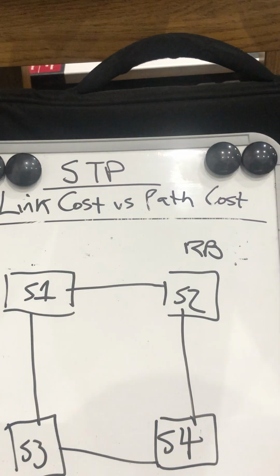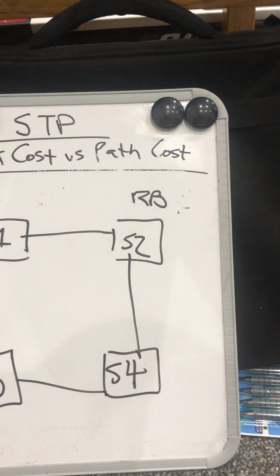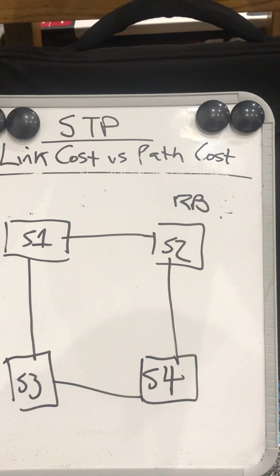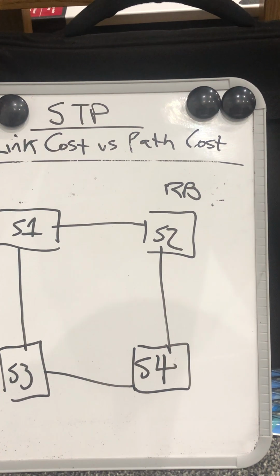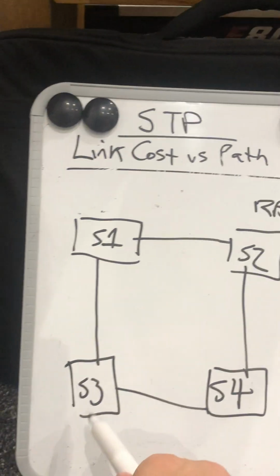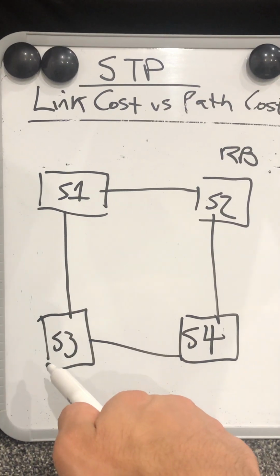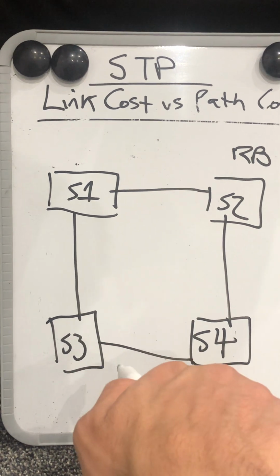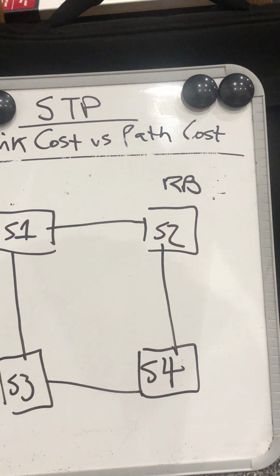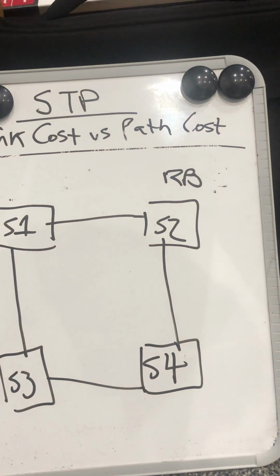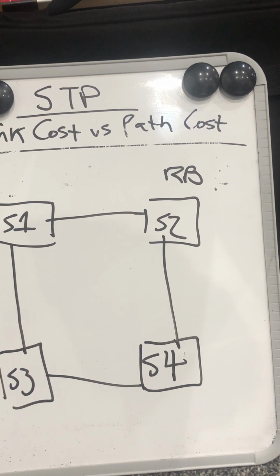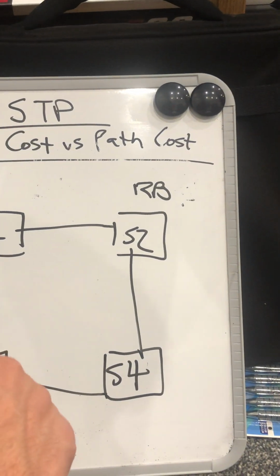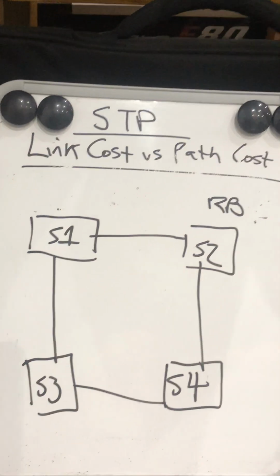Now, when it comes to finding out the root port for, let's say, switch 3, it can either be this way, or this one, or this one. How do we define what the root port is? Firstly, we need to look at the actual ports themselves.